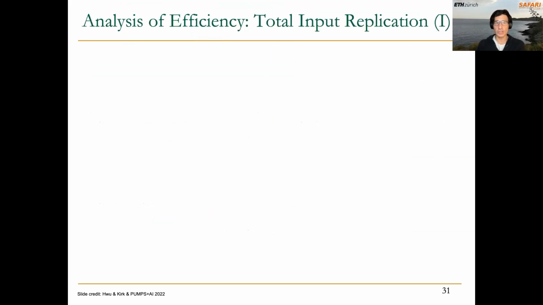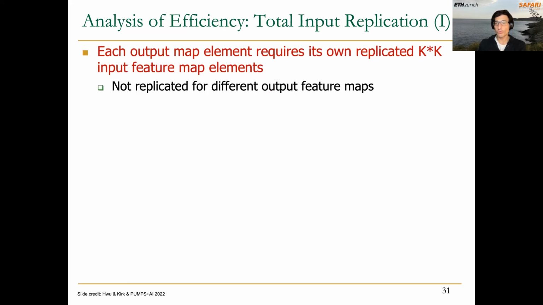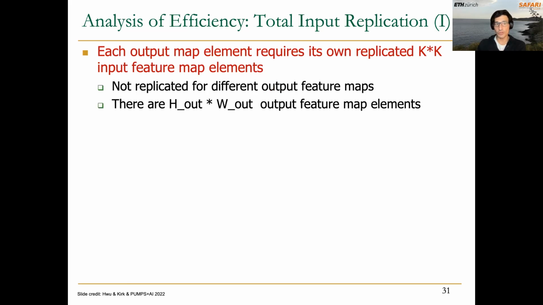But one important analysis that we need to do is an analysis of efficiency in terms of memory space, due to the replication that is needed when we are unrolling the matrix of input feature maps. Each output map element requires its own replicated K by K input feature map elements, not replicated for different output feature maps.